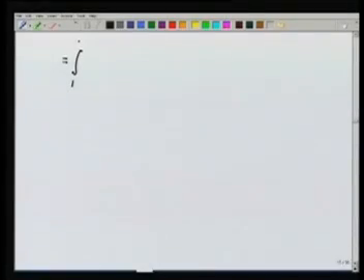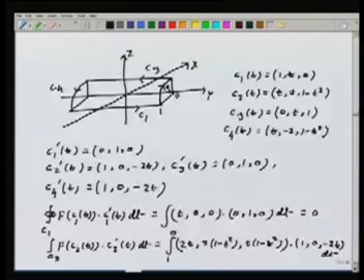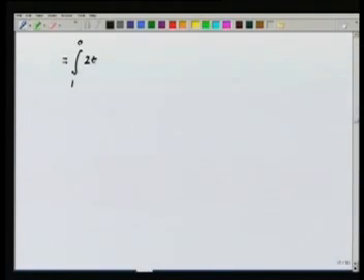So this is then equal to the integral from 1 to 0 of the product of these, that is minus 2t square into 1 minus t square dt.